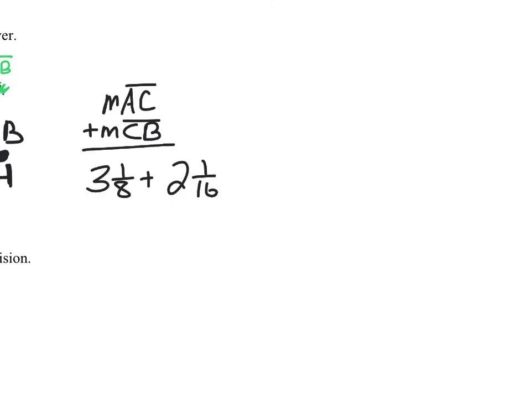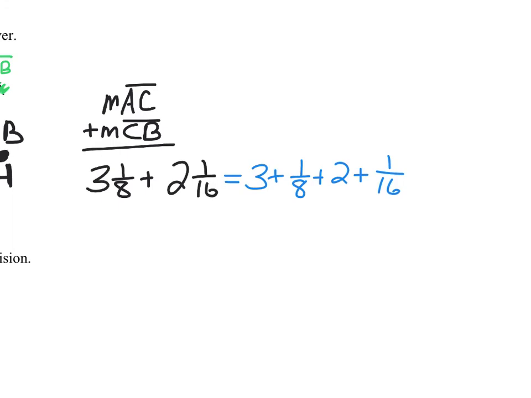All right, so this is the same as 3 plus 1/8 plus 2 plus 1/16. One of the properties, not of geometry, just going way back, properties of numbers, is the commutative property of addition. It tells us we can add in any order we want and we'll still get the same result.